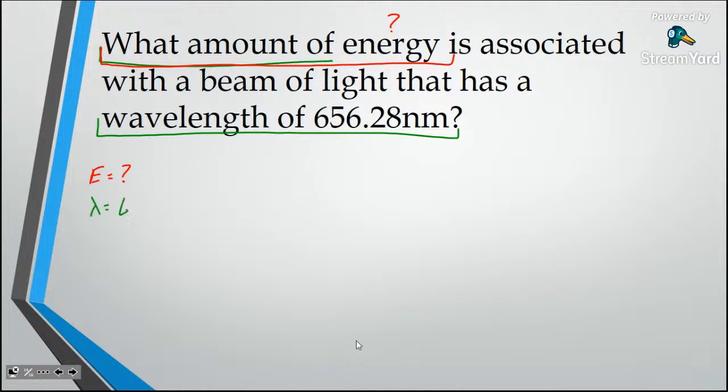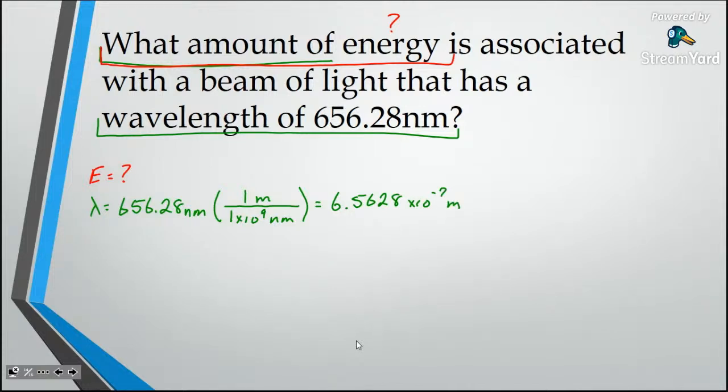Lambda is given to us as 656.28 nanometers, which means we are going to have to convert to meters. But we can do that easily by recalling that 1 meter per every 1 times 10 to the 9th nanometers. When you do that, you should get 6.5628 times 10 to the negative 7th meters.